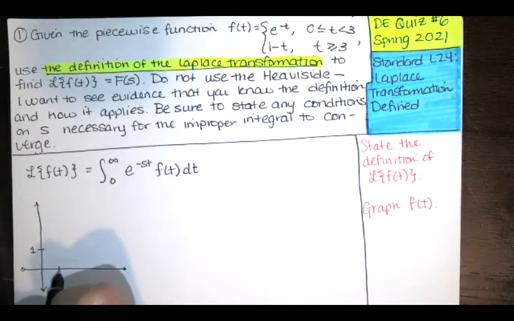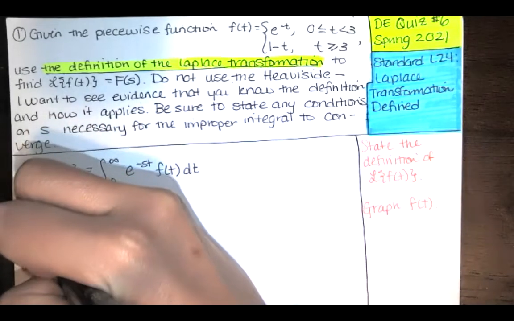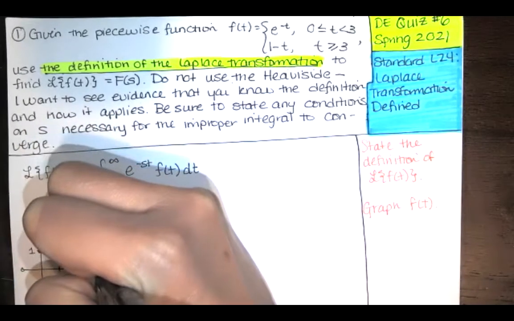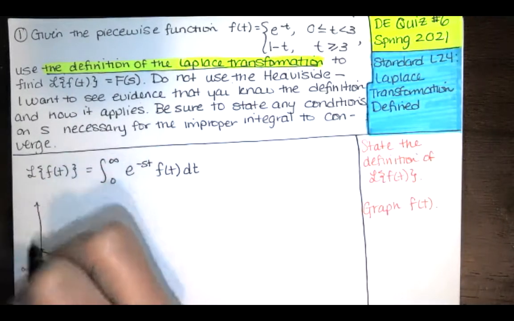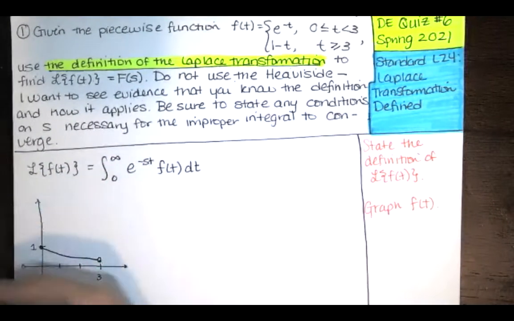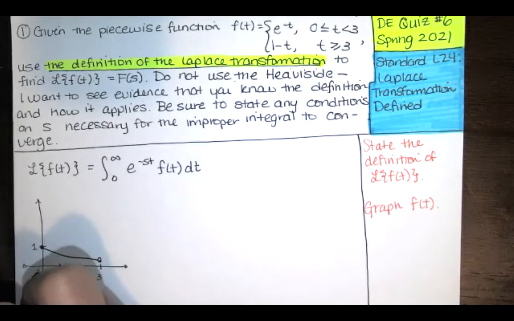And when t equals 3, we'll have e to the negative 3, which is very small, and there will be an open circle there. And it would continue and approach the x-axis as an asymptote. It would look like this if it went on to infinity, but we're just talking about that exponential function on the interval from 0 to 3.